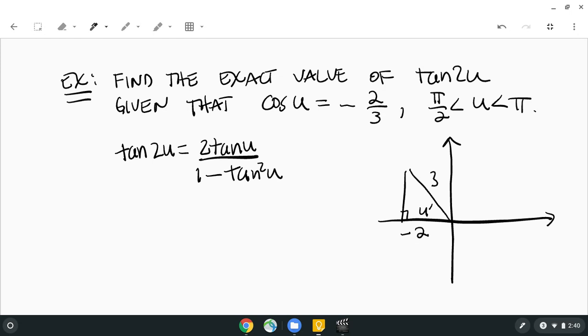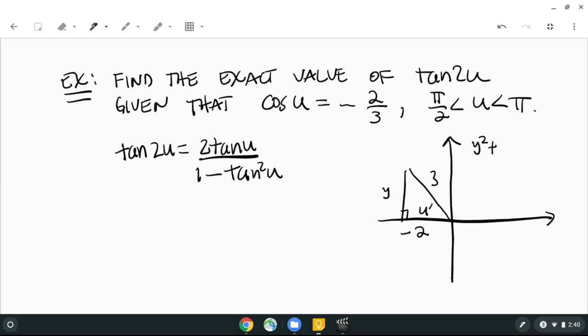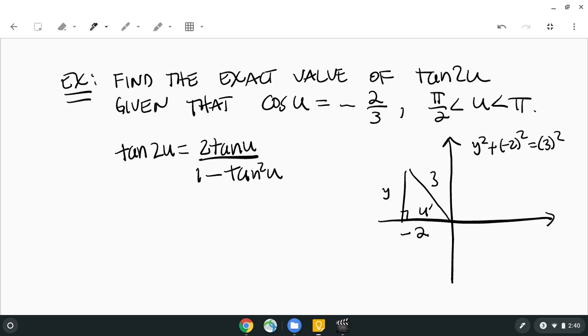Okay, so I can find this value, this y value here, using Pythagorean. Okay, let's go ahead and do that. So y squared plus negative 2 squared equals 3 squared. So y squared plus 4 equals 9. y squared equals 5.